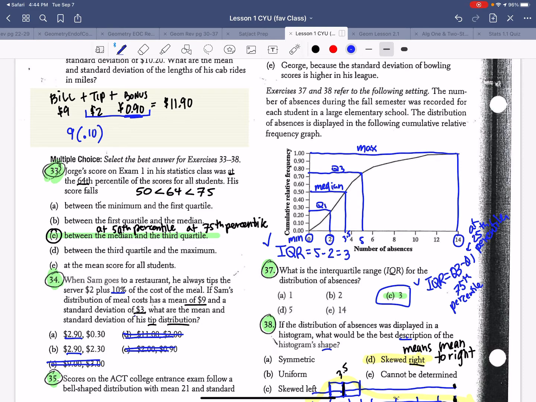So if it had a mean of $3 and his meal deviated by $3, then I have to take his deviation, the $3, and multiply by 10%, which means I get the 30 cents. I'm not going to add 2 to the tip because I've already added 2 here, if that makes sense.